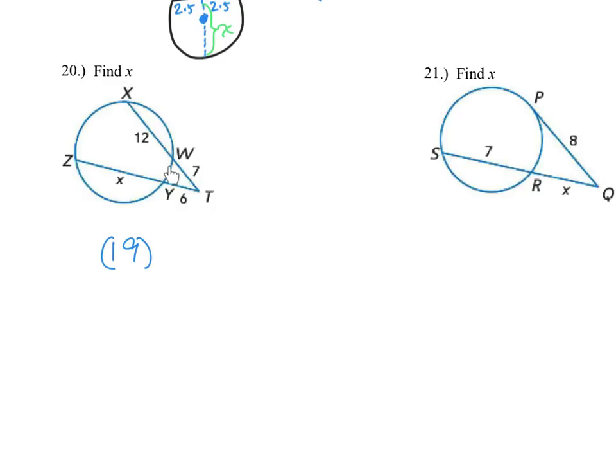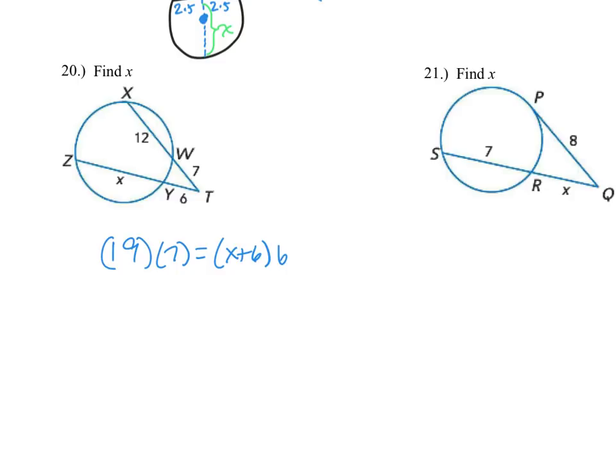So 19 is the entire secant. The outside part is 7. Is equal to the product of the other entire secant, which is x plus 6, use your segment addition postulate, times its outside piece, which is 6. All right, so go ahead and solve that for x, and you'll be done with 20.